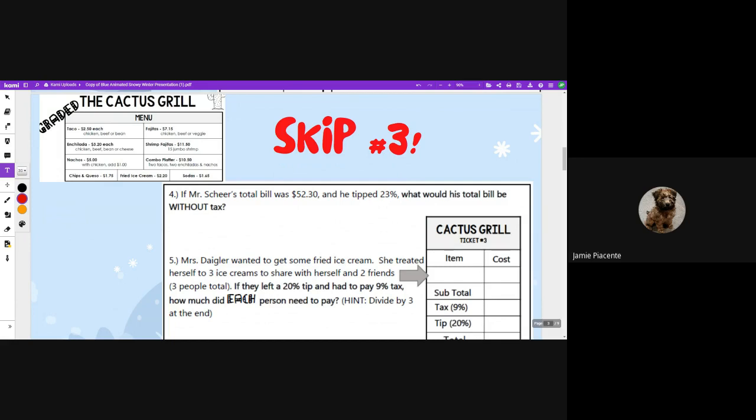If Mr. Shear's total bill was $52.30 and he tipped 23%, what would his total be without tax? So we're going to take our $52.30, and like we do every time, we multiply it by the percentage in decimal form. Remember, to get the decimal form of a percentage, you just divide by 100.